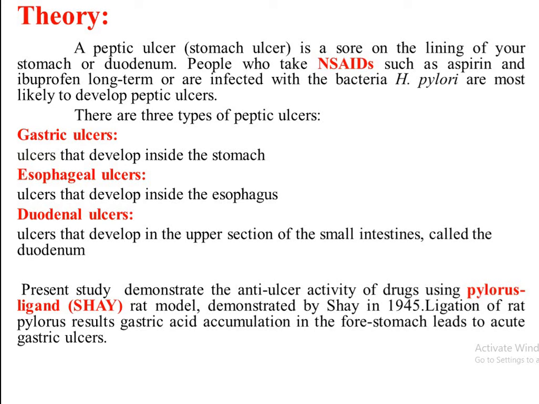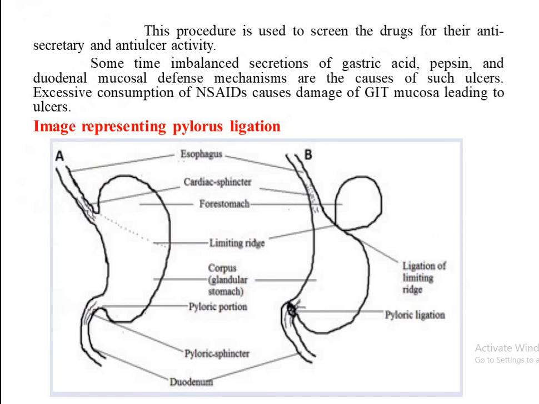And this mechanism is responsible for causing ulcer. This procedure is used to screen drugs for anti-secretory and anti-ulcer activity. As we know, we have different types of ulcer: gastric ulcer, esophageal ulcer, and duodenal ulcer. Why we call this the SHAY model, I already discussed.